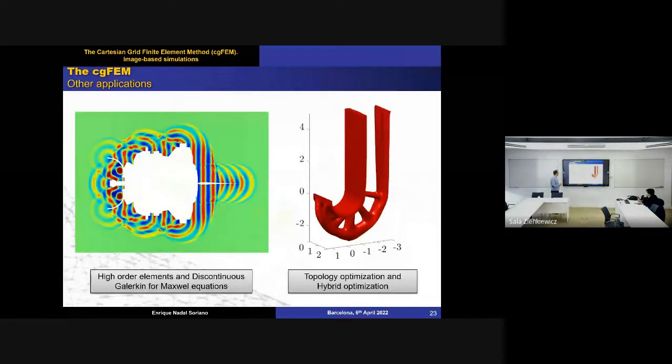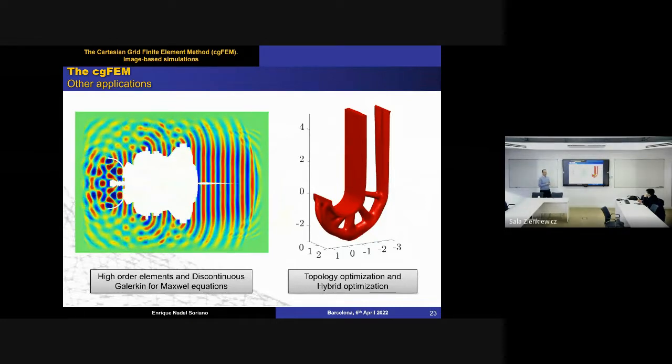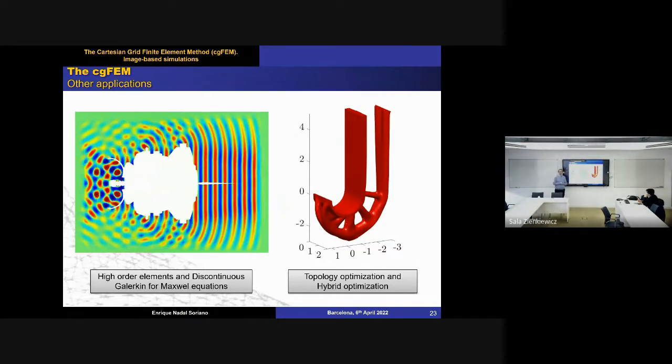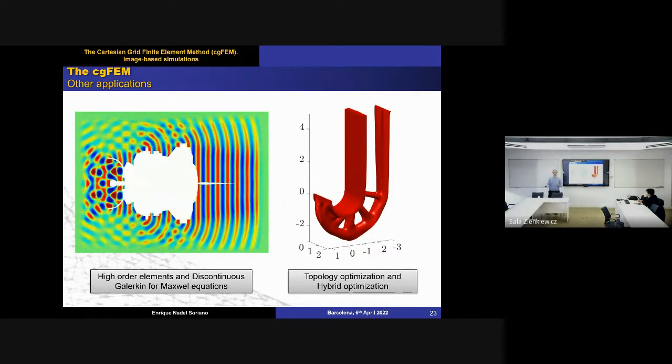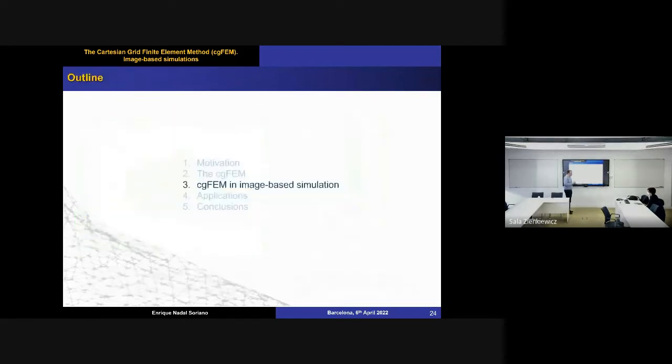We also developed the technology for the discontinuous Galerkin framework in 2D. Now we are developing that in 3D. And we also run topology optimization and hybrid optimization, which is a mixture between topology and shape optimization that we are developing now. Well, now going into the matter of what we can do with images.